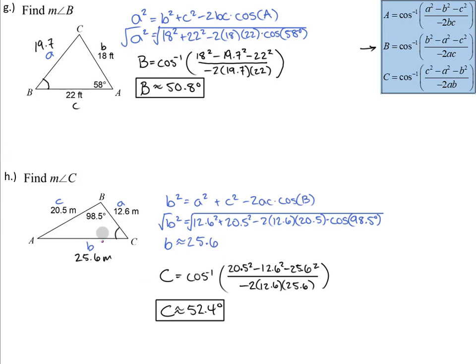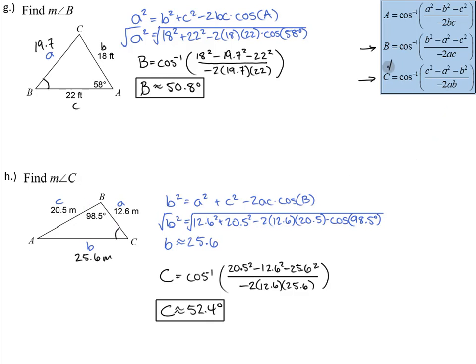All right, you should have come up with hopefully a side length of B of approximately 25.6, rounded to the nearest tenth. And then using that value and plugging in, you could use this version if you wanted to follow the A, B, and C exactly.